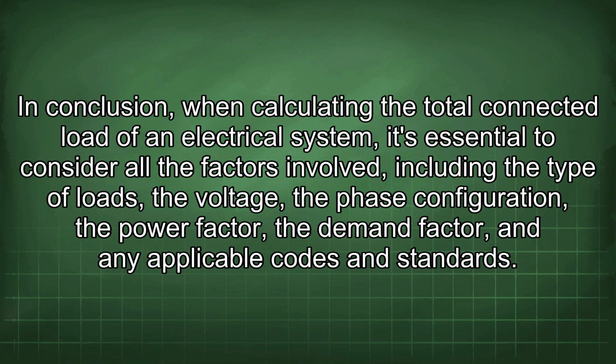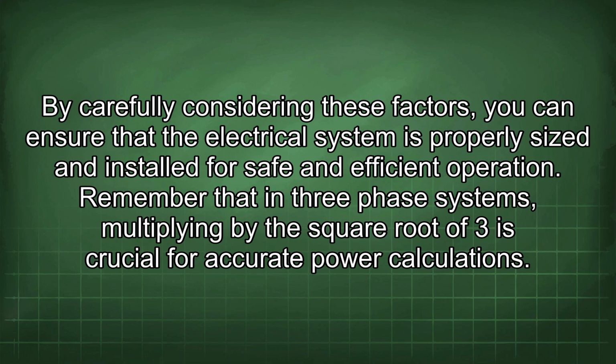In conclusion, when calculating the total connected load of an electrical system, it's essential to consider all the factors involved, including the type of loads, the voltage, the phase configuration, the power factor, the demand factor, and any applicable codes and standards. By carefully considering these factors, you can ensure that the electrical system is properly sized and installed for safe and efficient operation.